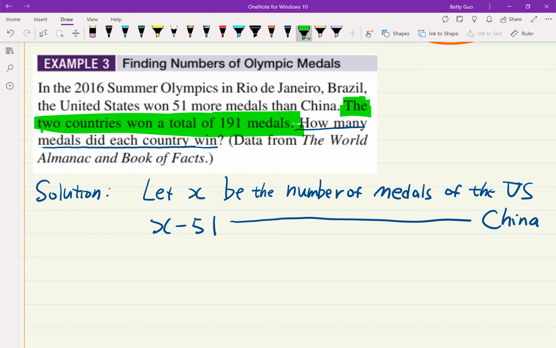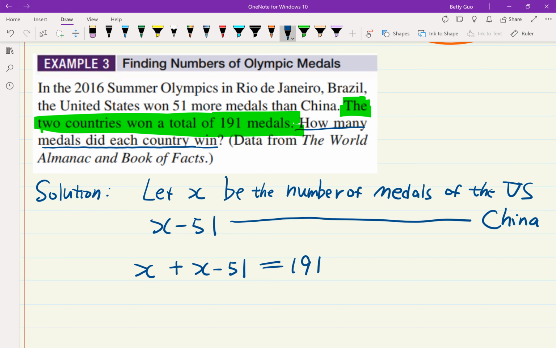Yes, total of 191 medals equals 191. What equals 191? The sum of the two countries, right? Does that make sense? So the medals from US, which is X, and the medals from China, which is X minus 51, add up to 191. Do you guys agree? Okay, so that's the equation.